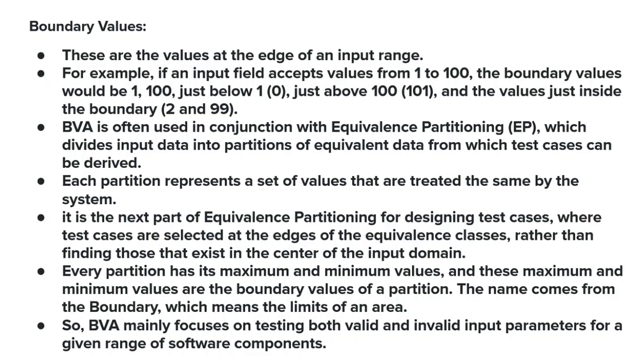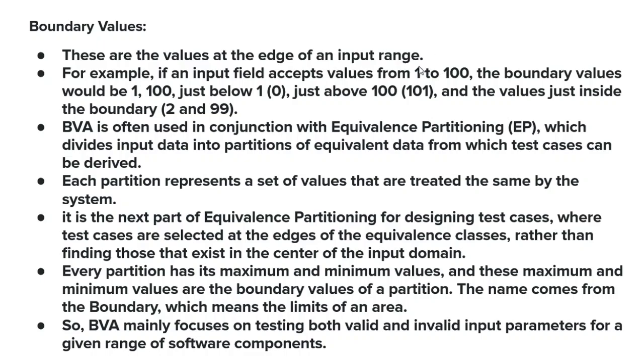Boundary values also consider some positive values and negative values. For the range of 1 to 100, what are the different boundary values you have to consider? First would be 1 and 100, that is obvious. The value just below 1, that is 0. The value just above 100, that is 101, which is present at the boundary.